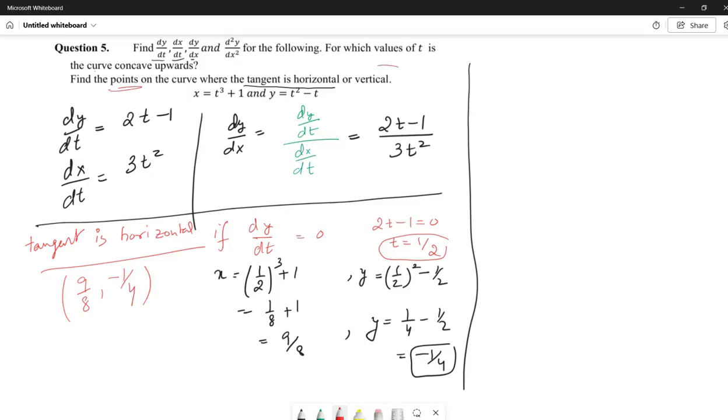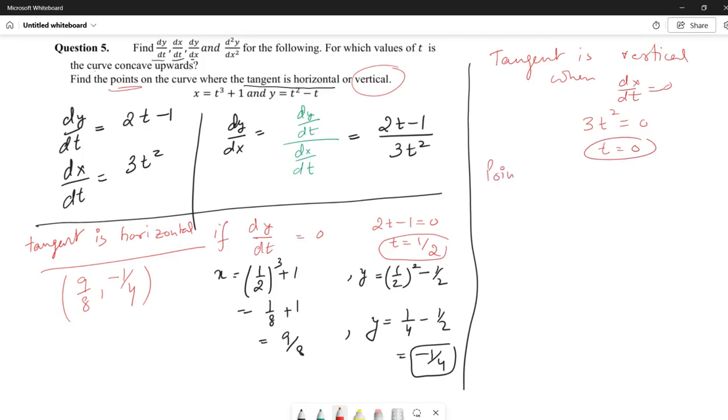Next is the point where the tangent is vertical. The tangent is vertical when dx by dt is 0, because we want dy by dx to be infinity, so the denominator is 0. dx by dt is 3t squared, which is 0, that means t is 0.